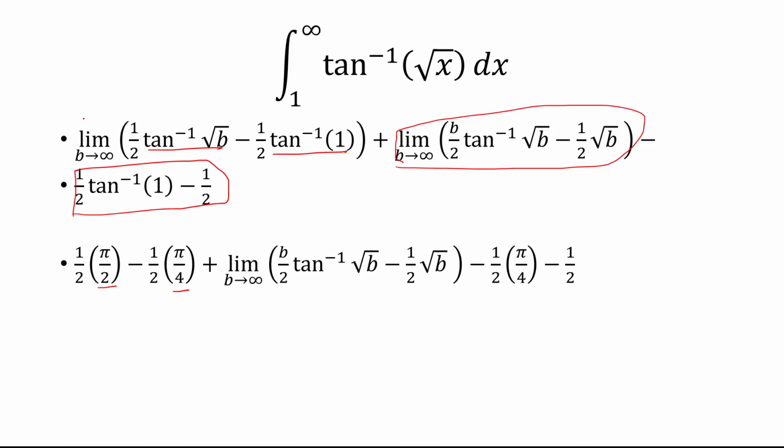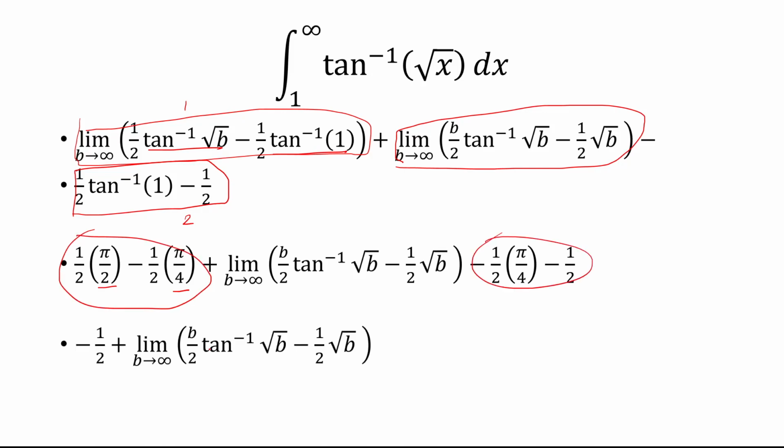And then this one, I just left it alone because I'm going to do some more math there. So again, inverse tangent of 1 is pi over 4, and then minus that by 1/2. So I simplified all of these to get negative 1/2. And then now I just need to evaluate this limit.